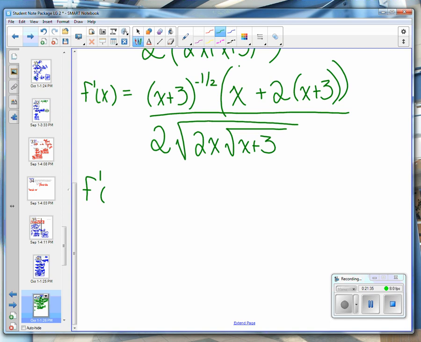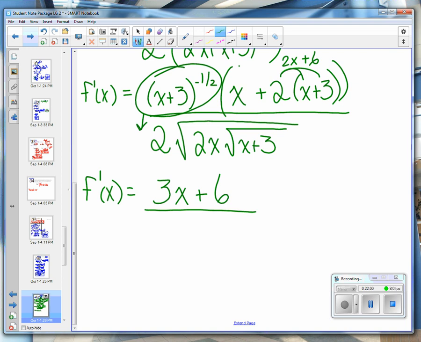So I've got my derivative. Now, obviously, I've got a negative exponent here, so that I can bring down. So on the top, I've basically got just x plus 2x plus 6, right? So this is just going to become 2x plus 6. So x plus 2x is going to be 3x plus 6 on the top.